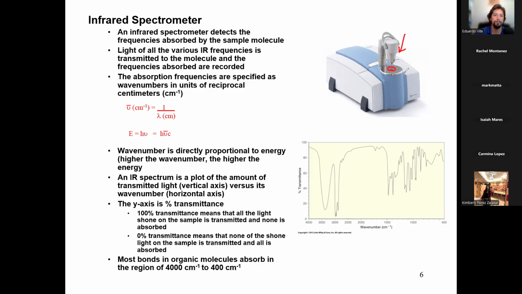Everything is integer values. So we measure that infrared radiation, and then we plot the absorption or the inverse, which is transmittance, how much of it goes through. And we do this on an XY graph. Based on what we observe, we see the molecule's fingerprint. Every molecule has a fingerprint in IR.